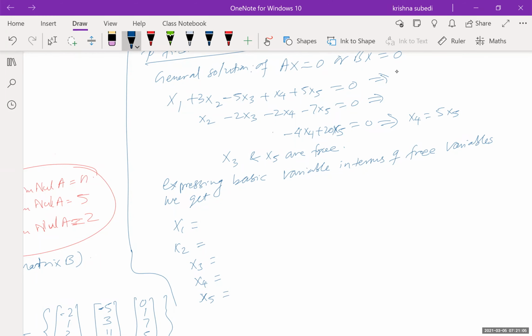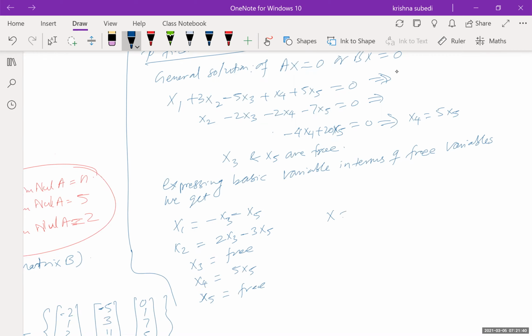I believe you can express the basic variables x1, x2 and x4 in terms of free variables x3 and x5, and the result will be, this is what I got, x1 is negative x3 minus x5, and x2 is 2x3 minus 3x5, and x3 is free, x4 is 5x5, and x5 is free.